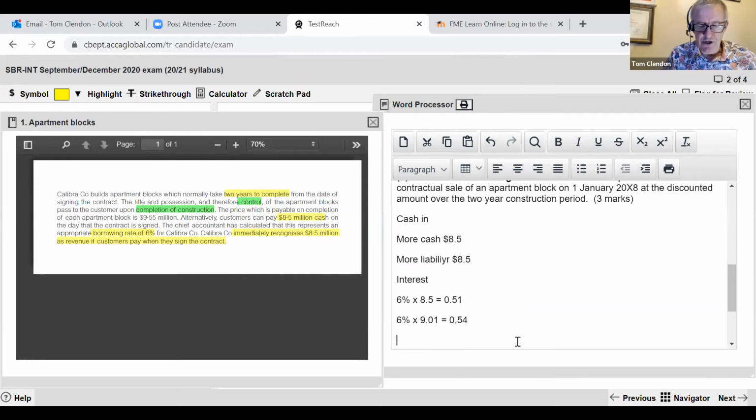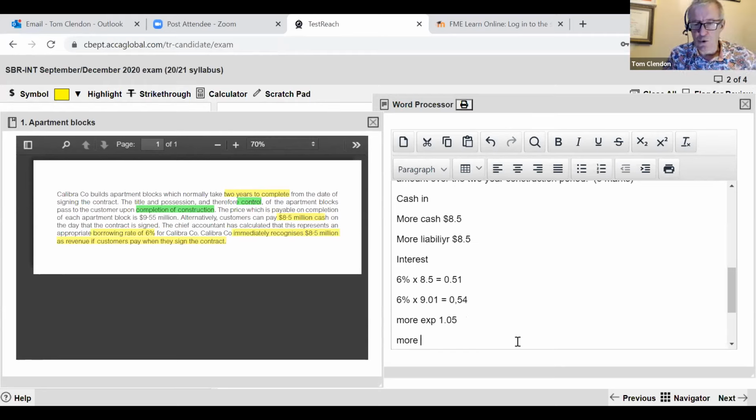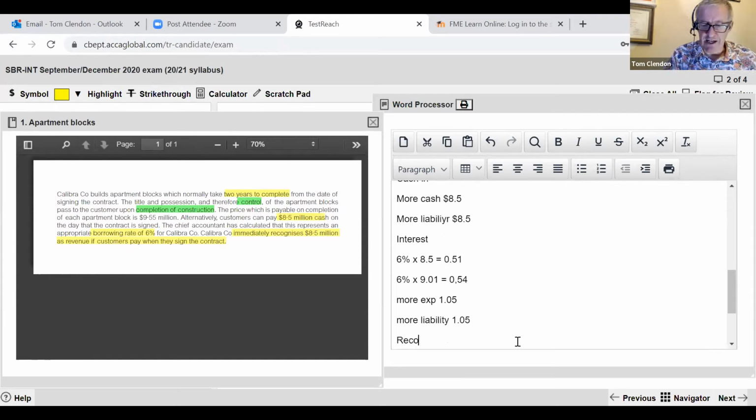So what do we do with the interest? We've got more of an expense. You've got more of an expense of, if I add those two numbers together in my head, that is 1.05. And we have got more of a liability, and the more of the liability is 1.05. Now, the final thing we do is we recognize the revenue at the end of the 2-year period.